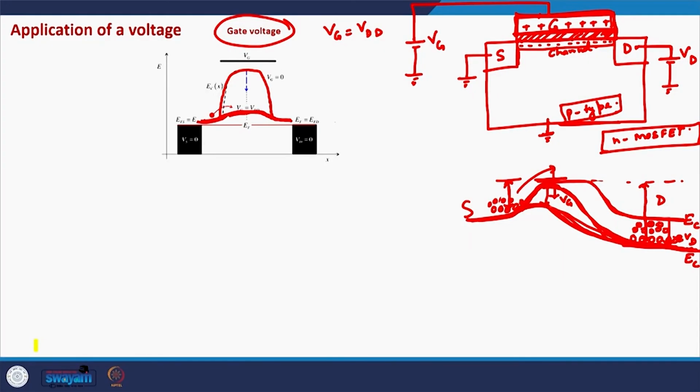So that way we can see that ultimately the current in a MOSFET is changed by playing with this barrier, and that is why the MOSFET is also known as a barrier controlled device.